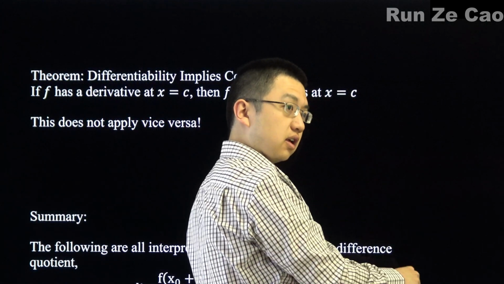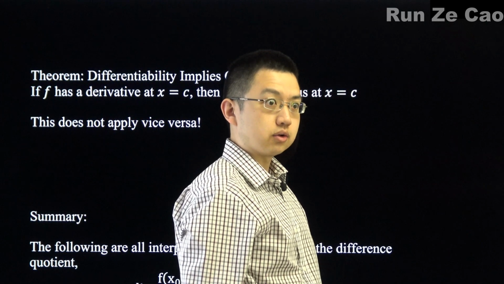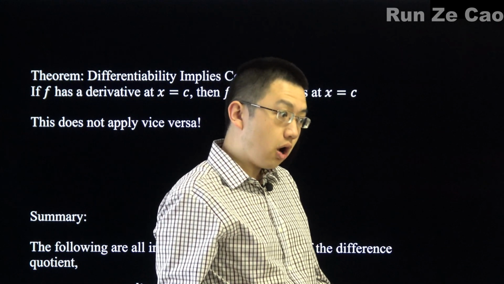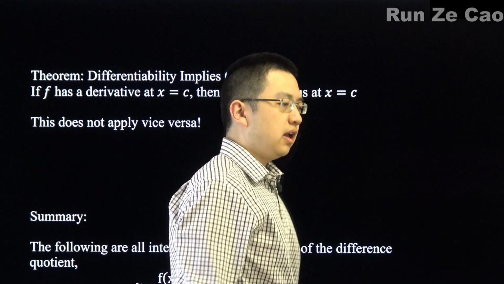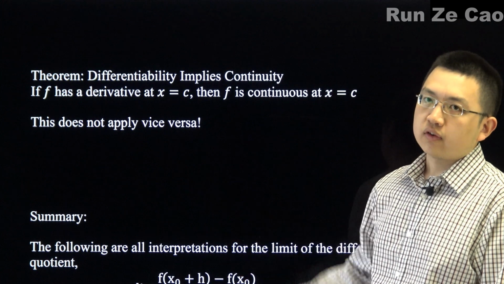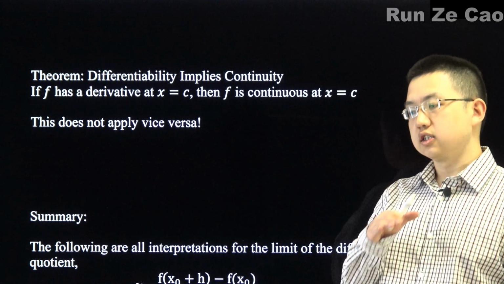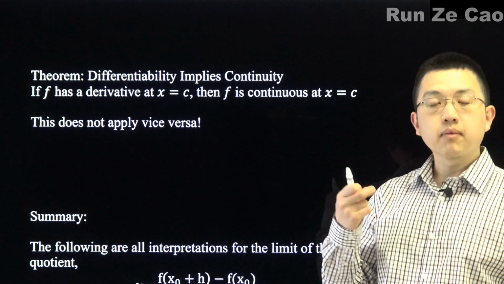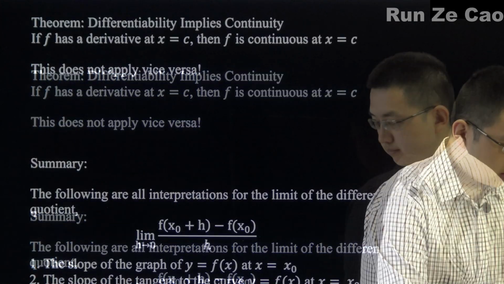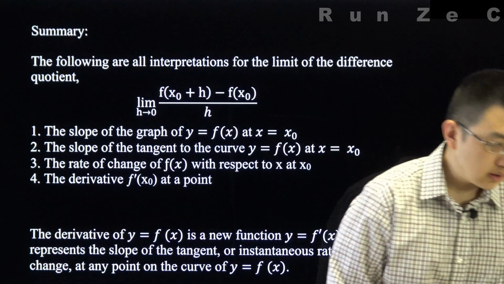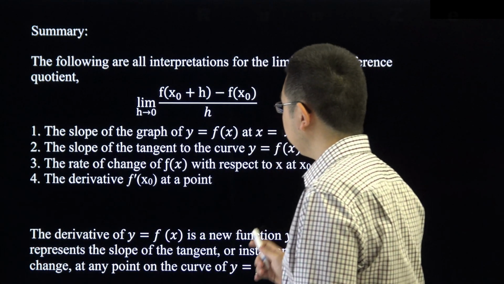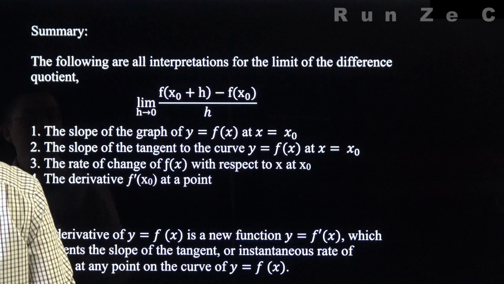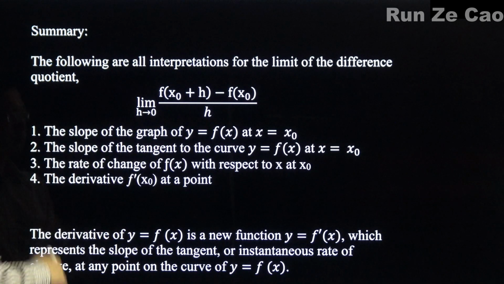Because, hey, that's continuous at x equals 0. Is there a derivative there? No. But if you have a derivative, so a tangent line that you can draw, then at that point it must be continuous. Alright, so in summary, these following points are all interpretations for the limit of the difference quotient.